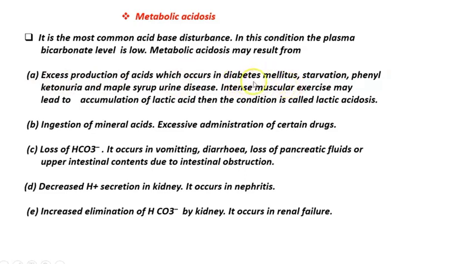Excessive acid production happens in diabetic patients, starvation, phenylketonuria, and maple syrup urine disease. Also, under intensive muscular exercise, there can be accumulation of lactic acid.